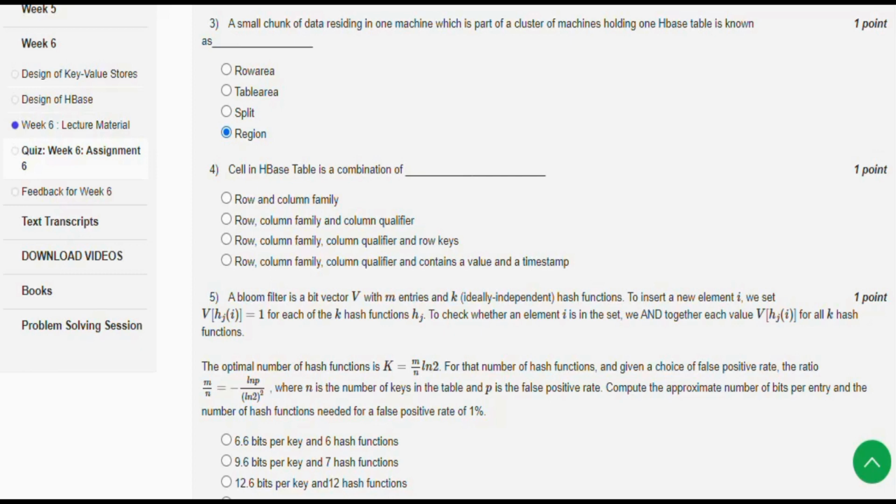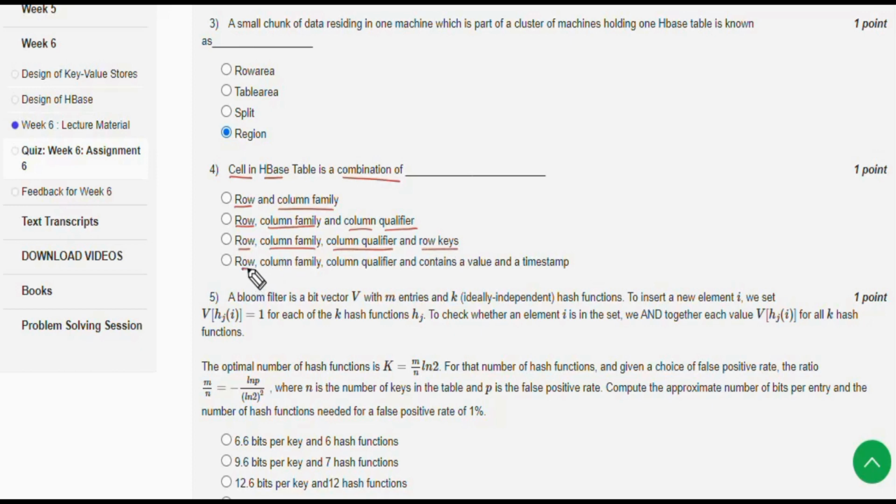Now moving into the next question, question number 4. Cell in HBase table is a combination of. The options are row and column family, row, column family and column qualifier, row, column family, column qualifier and row keys.